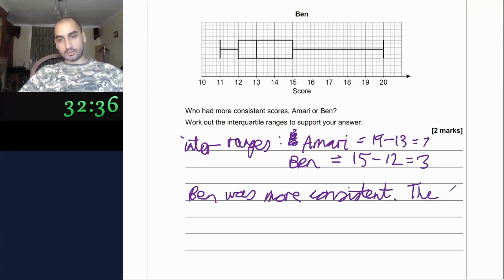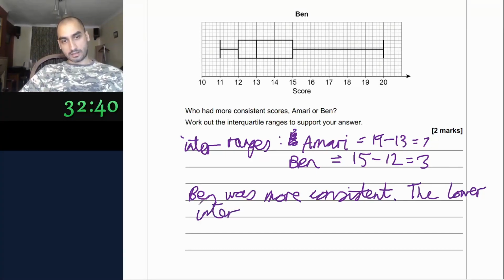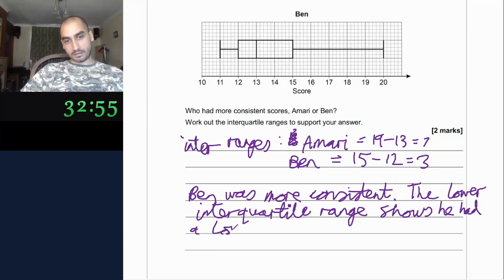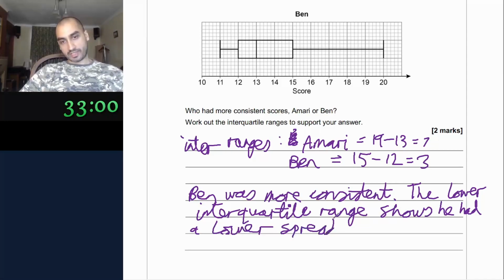The lower interquartile range shows he had a lower spread on average.